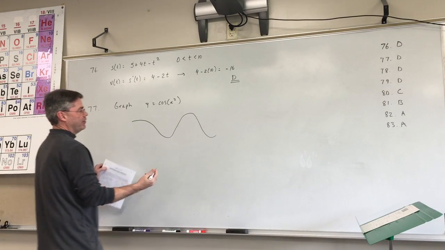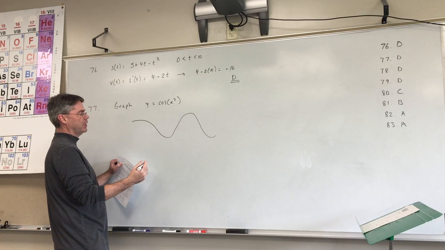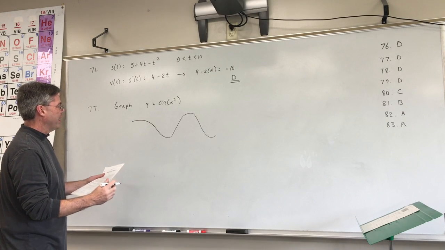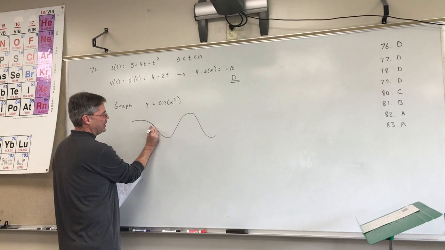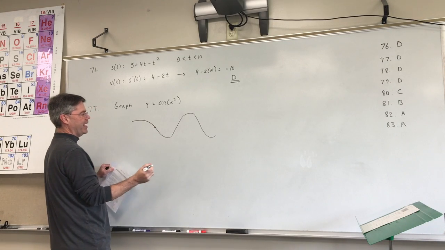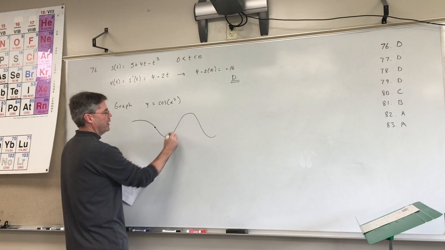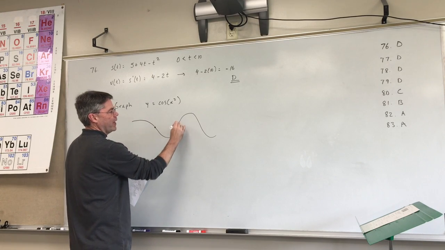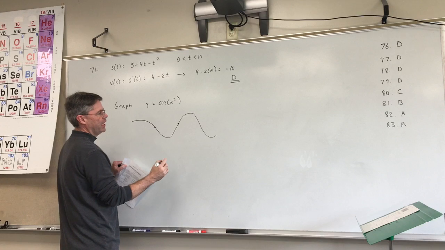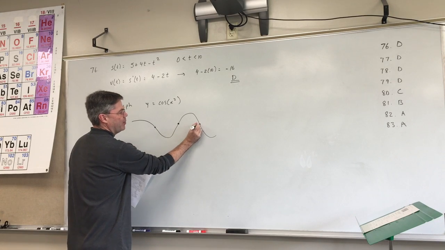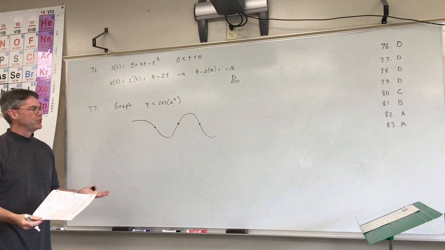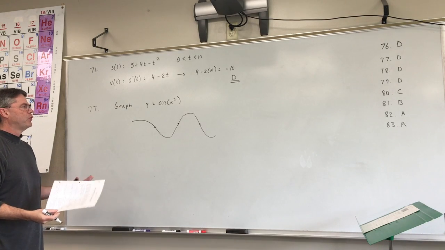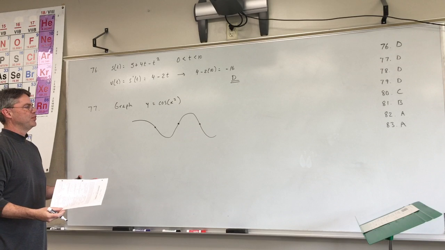So you have an inflection point where it changes from concave down to concave up. That would be something like right here. It's just asking how many inflection points. And probably something about right there would be another one, and then again, somewhere about right there. Since you just want to know how many inflection points there are, you don't have to go through and set the second derivative equal to 0.